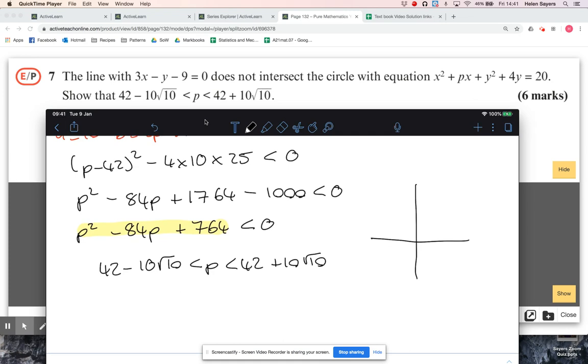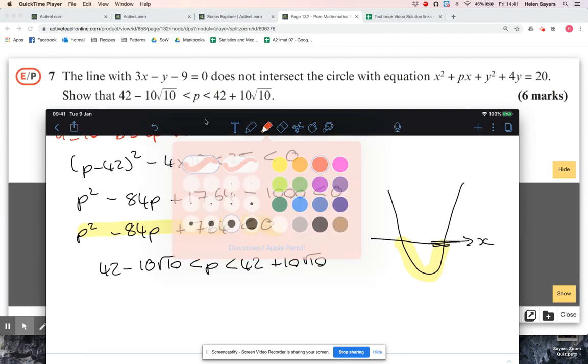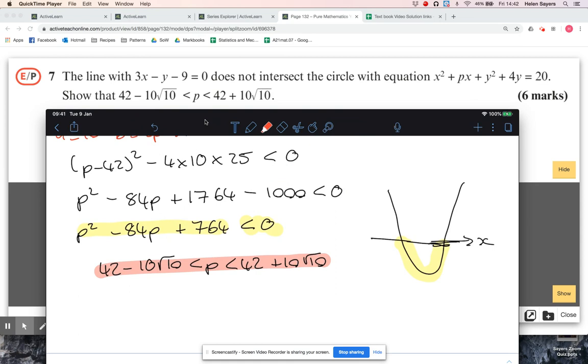I don't even need the y-axis. All I need to justify my answer is a U-shaped quadratic. I'm looking for when it's less than 0, so anywhere below the x-axis.